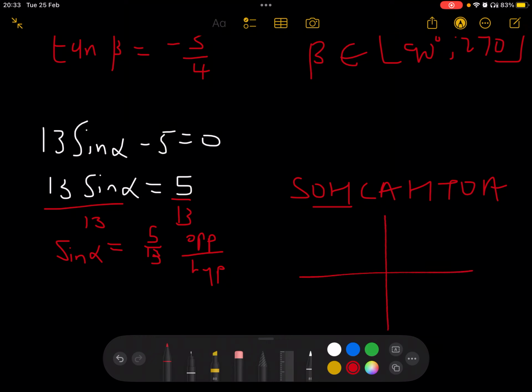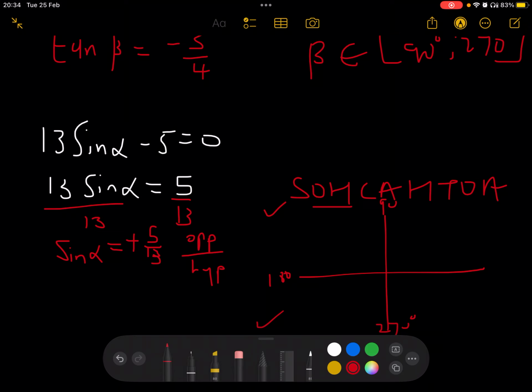If we look here, 90 is here, 180 is here, and 270 is there. We're looking at this quadrant, and the value here for sine alpha is a positive value.